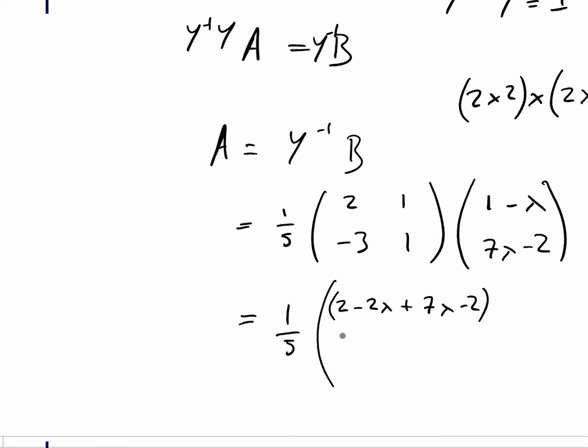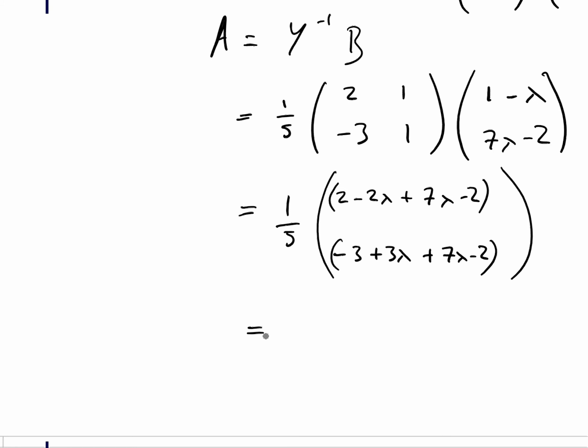And that's all going to go in that element there. And then we're going to have minus 3 times 1 minus lambda, so we're going to have minus 3 plus 3 lambda, plus, then it's still going to be 7 lambda minus 2. That's all going to go in that element there.